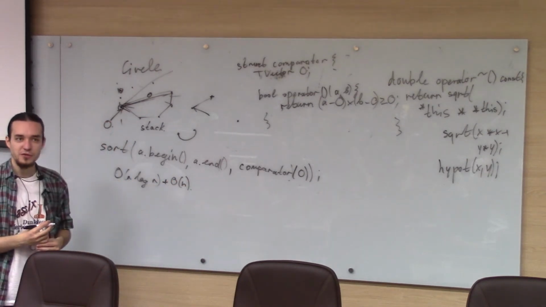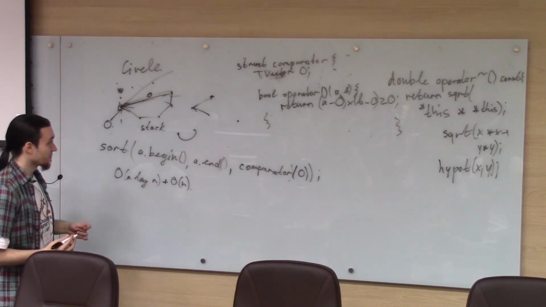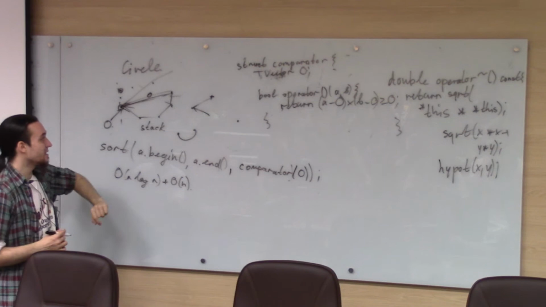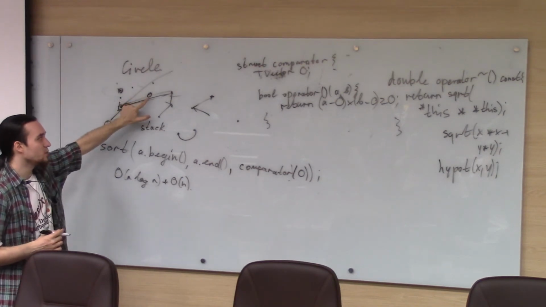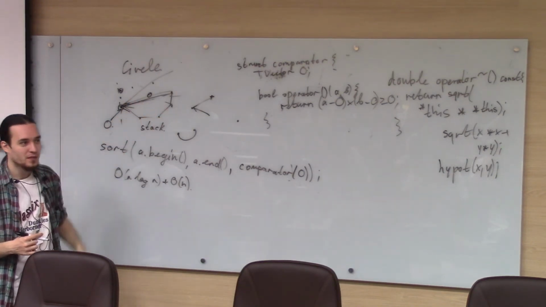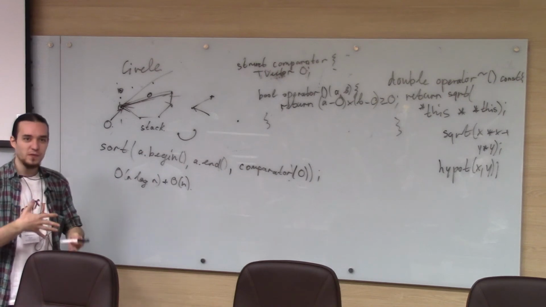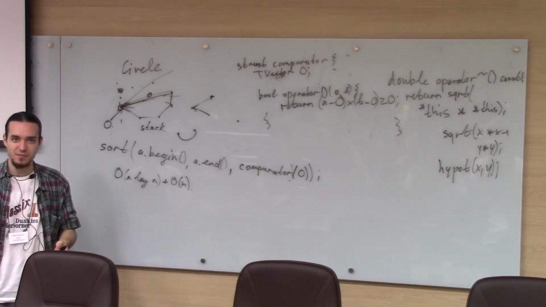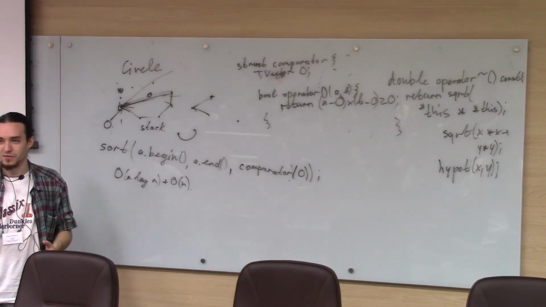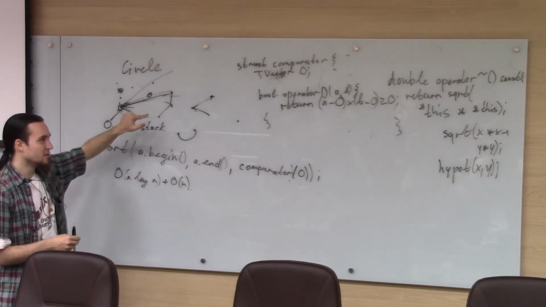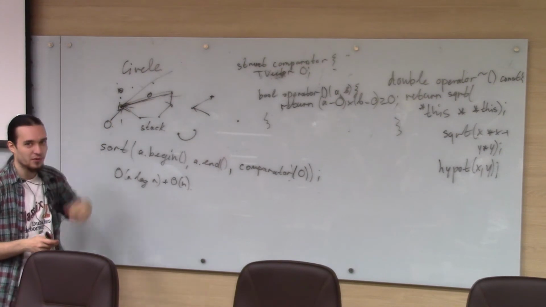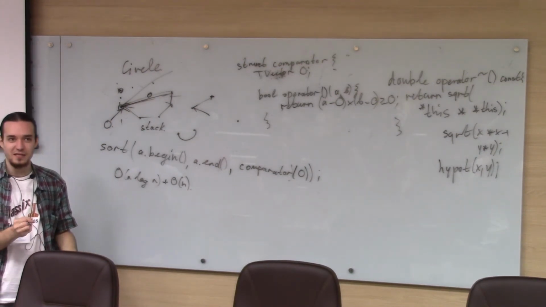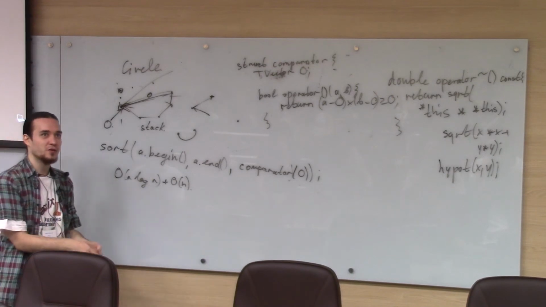Why is it going to be linear time? Because let's consider any particular point. At some stage it will get into the convex hull, and probably it will get erased at some stage, but it can only get erased at most once, right? So the total number of deletions from our convex hull is at most the number of points, despite the fact that they all can happen on the same stage.